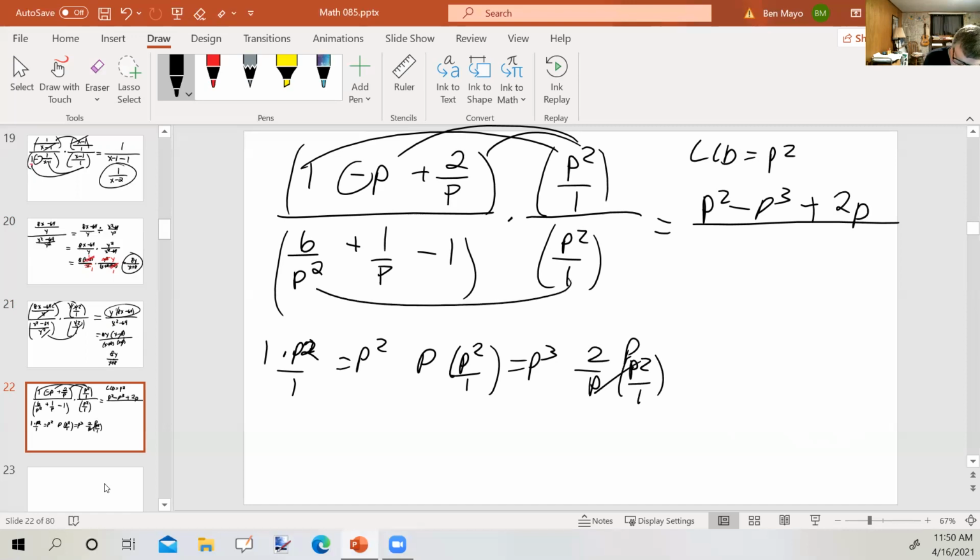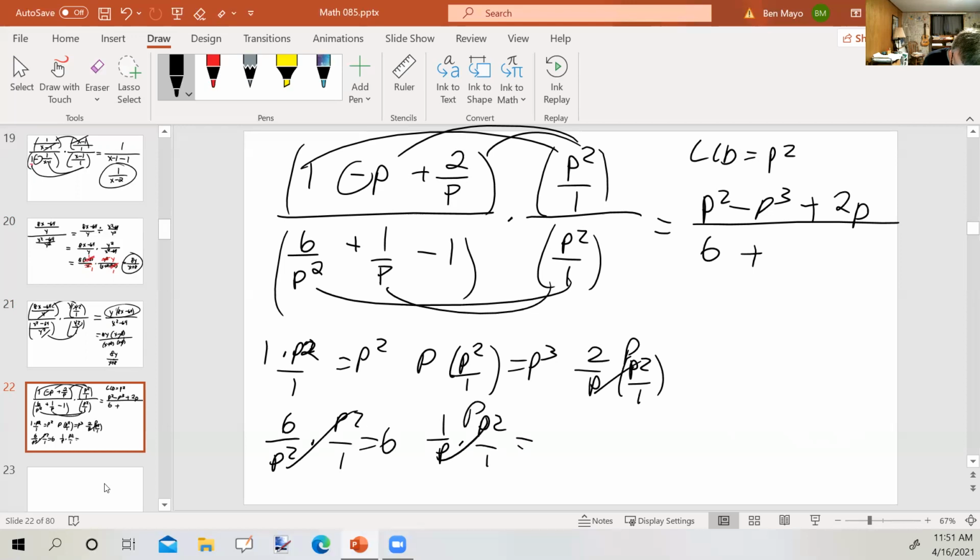Then in the denominator, 6 over p squared times p squared over 1 would just be 6, plus 1 over p times p squared over 1, which would just be p, minus 1 times p squared over 1, which would be p squared.